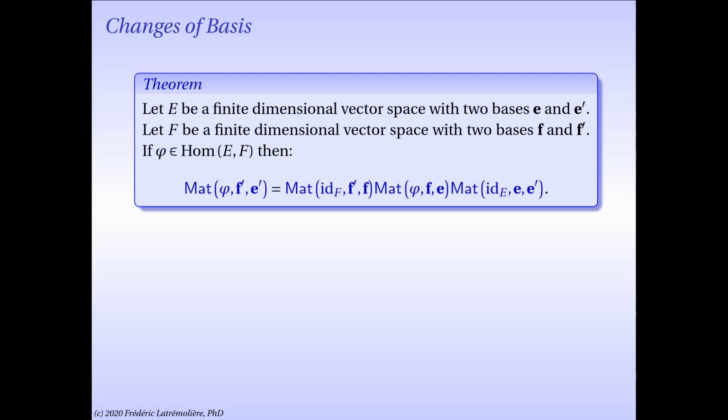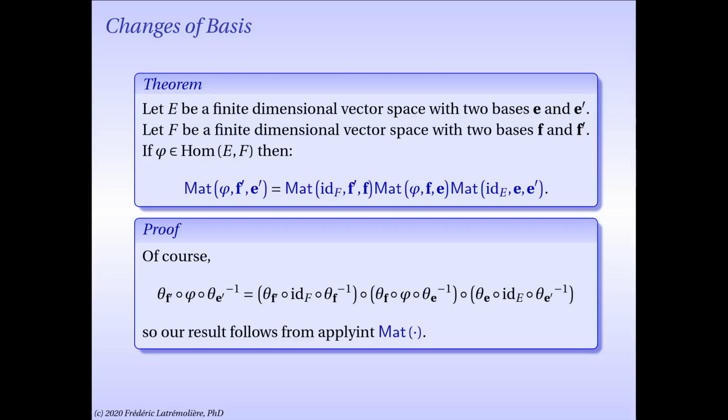If phi is a linear map from E to F, then the matrix of phi in bold F prime and bold E prime is the product of the change of basis matrix from bold F to bold F prime times the matrix of phi in bold F and bold E times the change of basis matrix from bold E prime to bold E.